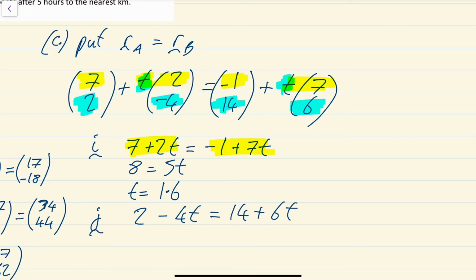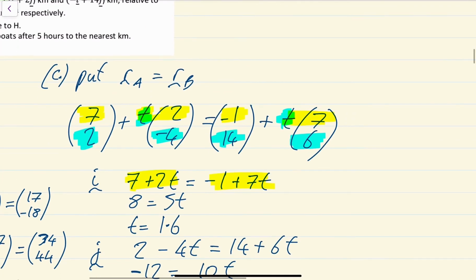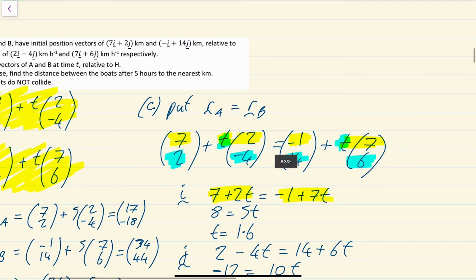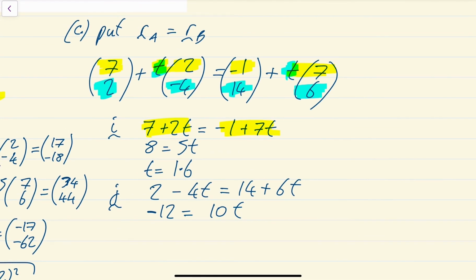So that's where that has come from. That'll be -12 is equal to 10t. Is that right? Yeah, I think it is right. -12 is equal to 10t, which means t works out to be -1.2.